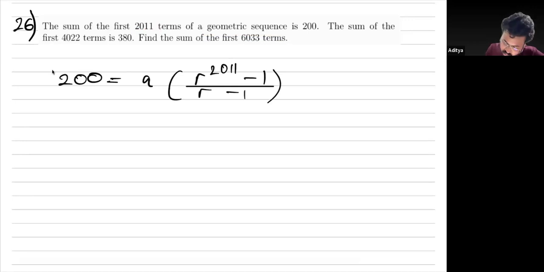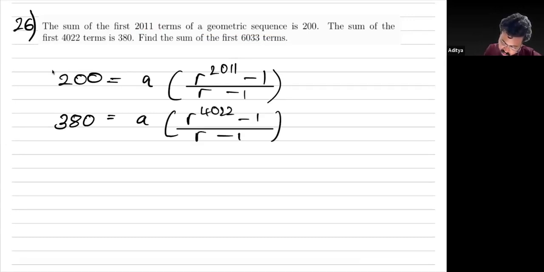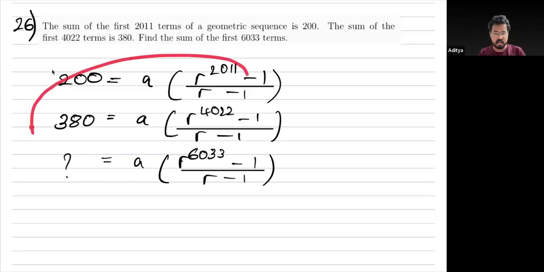The next equation you'll have is 380 is equal to A times R to the power 4022 minus 1 upon R minus 1. Then you have the question mark is equal to A times R to the power 6033 minus 1 upon R minus 1. This is a very complicated way of looking at this question.